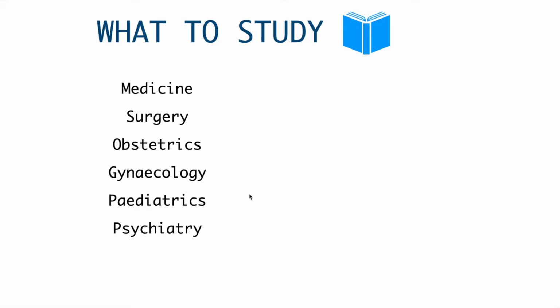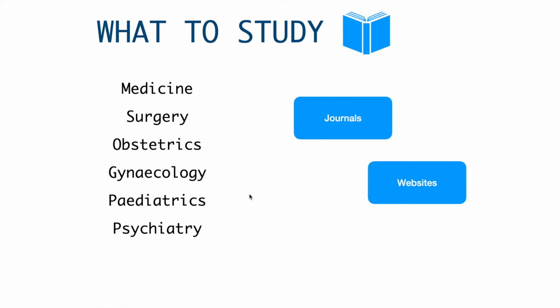Having said that, it is highly recommended that you go through the medical journals so that you are more aware of the commonly presenting medical conditions here in Australia and also know their treatment guidelines. And along with that, I also recommend that you go through the patient education websites so that you're able to explain the diagnosis to the patient in layman's terms. And I think that this is more important than mugging up or revising your theoretical stuff.